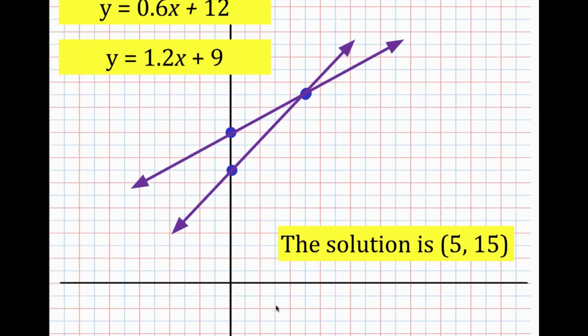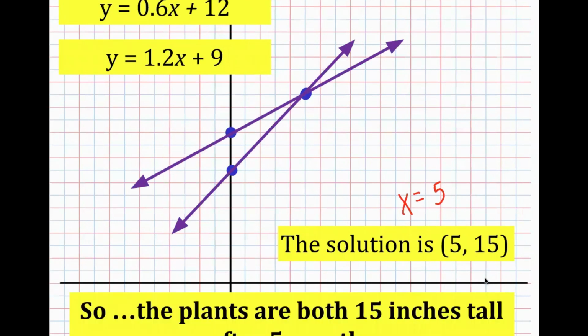So your final solution would just be x equals 5. And in this case, the y value of our ordered pair would actually represent the height of our plants. So the plants are both going to be 15 inches tall after 5 months.